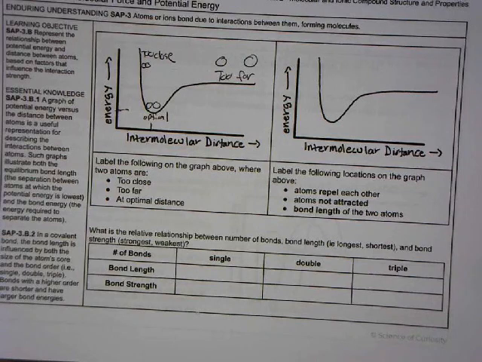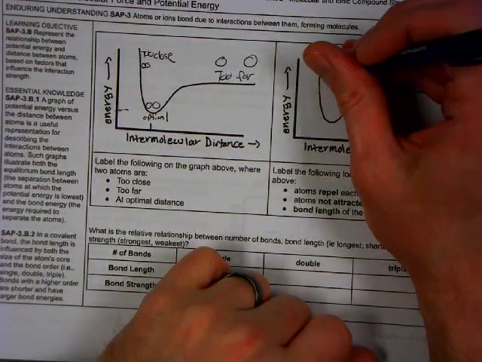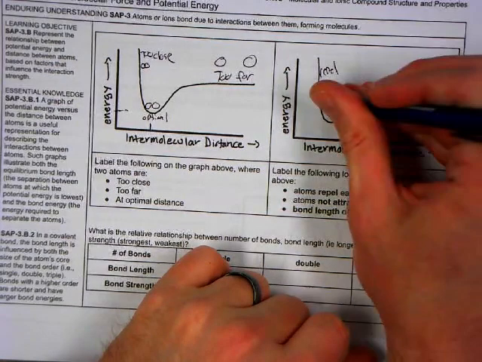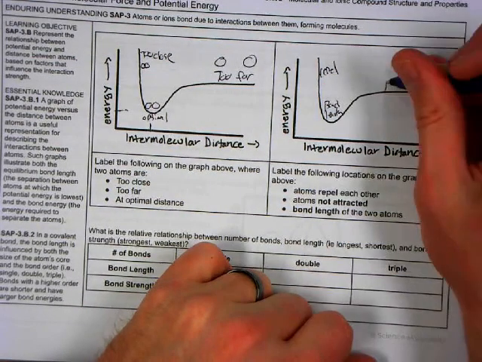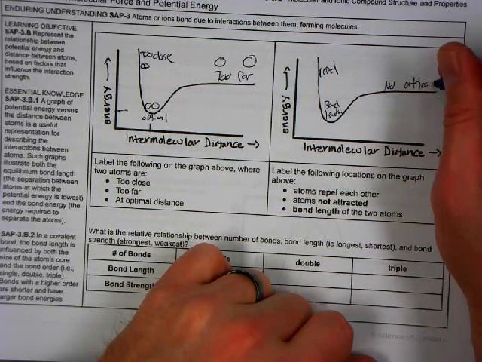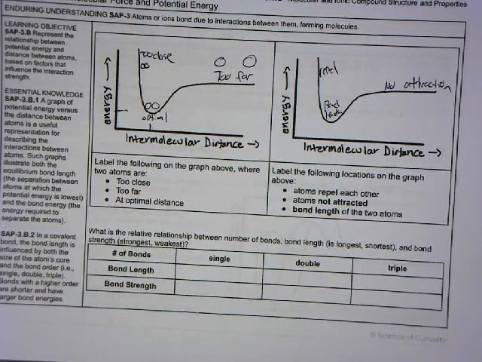Yeah, this is how you get the bond length of any two things bonding together. I'm going to repel up here. I have bond length down here. And I have no attraction up here.